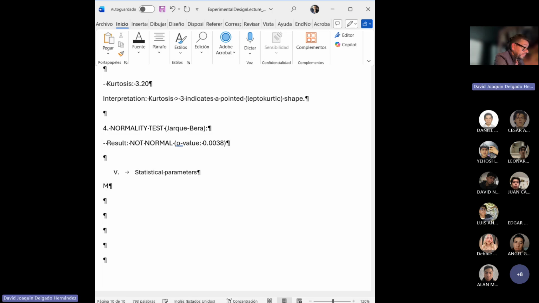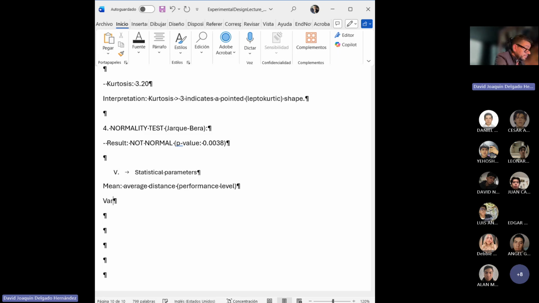So the mean is the average distance, which reflects the performance level. So that means that if you have a good mean value, the car is performing okay. If you have a small mean value, that means that the car is not performing so well.